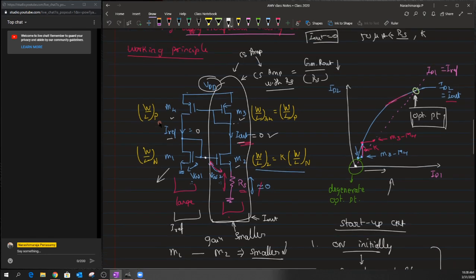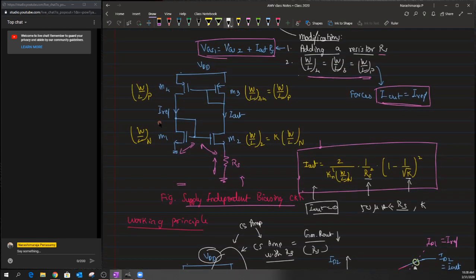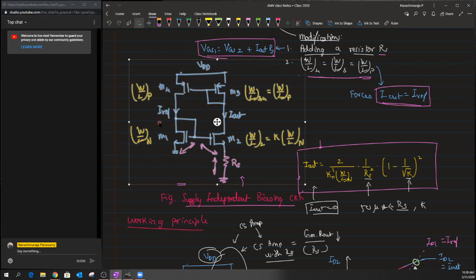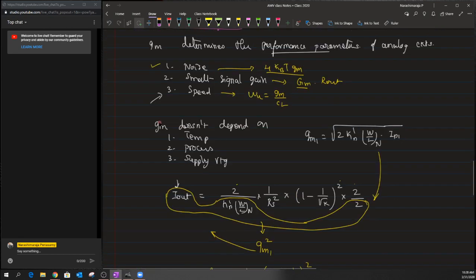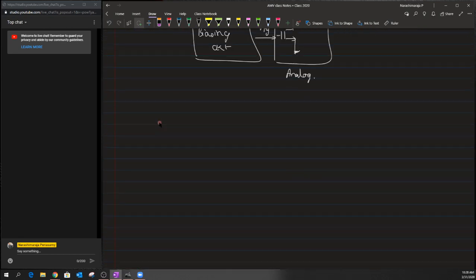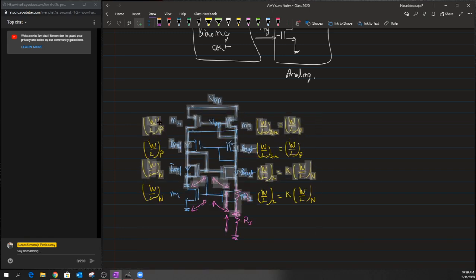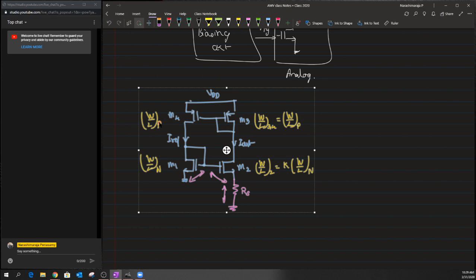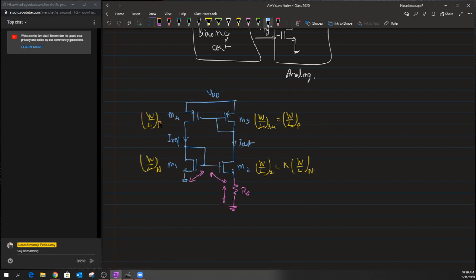Probably I've really messed up with the diagram, but the way I'd be tapping out the value of VB is from here.